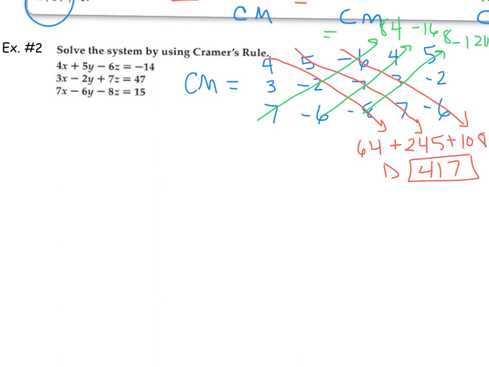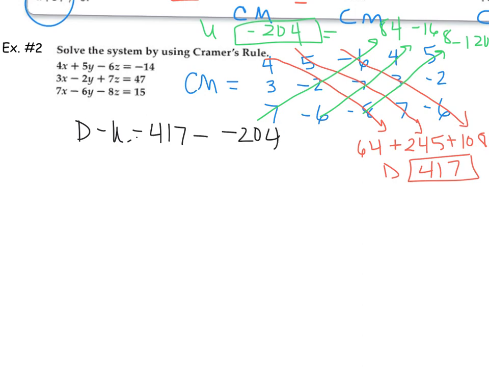So when I add all of those up, I get -204, and those are my ups. If you remember, we go the downs minus the ups, which equals 417 minus -204. So that would be plus, and then I get 621. And that would be my coefficient matrix.